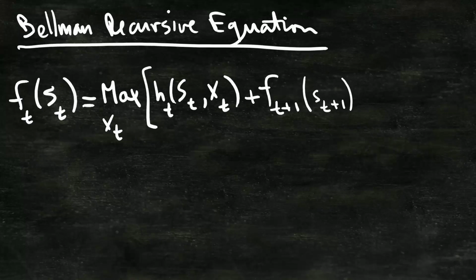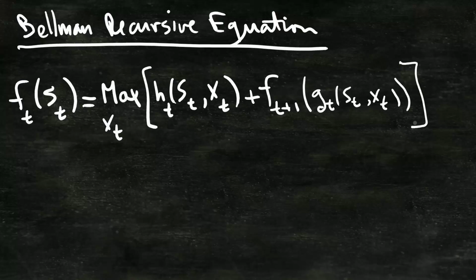So maybe I can do this right away and erase that s t plus 1 and write its equivalent, which is g t of s t, x t. Now this looks very complicated, but it turns out to be quite simple in given problem situations. That's what we're going to do next in a given problem. So this is the Bellman relationship, and this is for all s t.